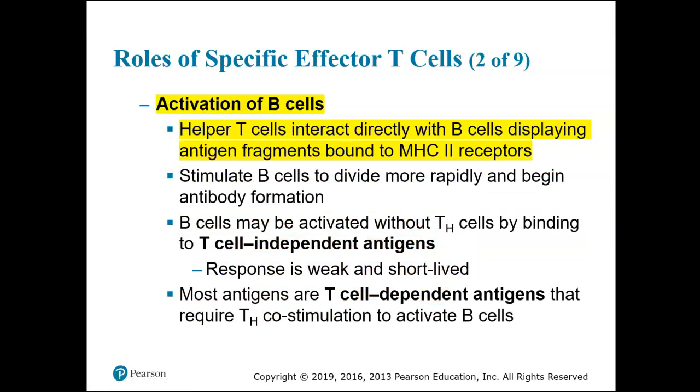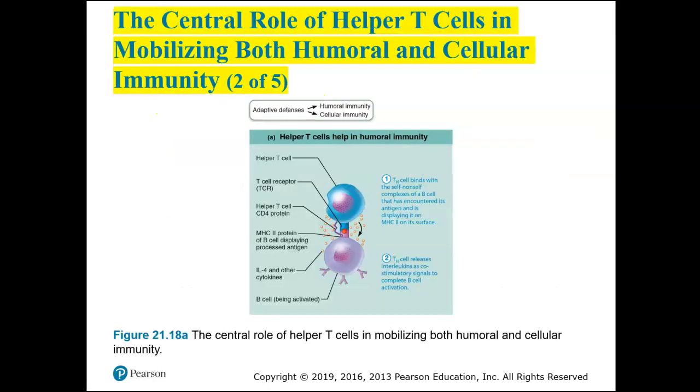The activation of B cells occurs when helper T cells interact directly with B cells, displaying antigen fragments bound to MHC2 receptors. So when the B cell is an APC, basically. And it just shows you here how that works.